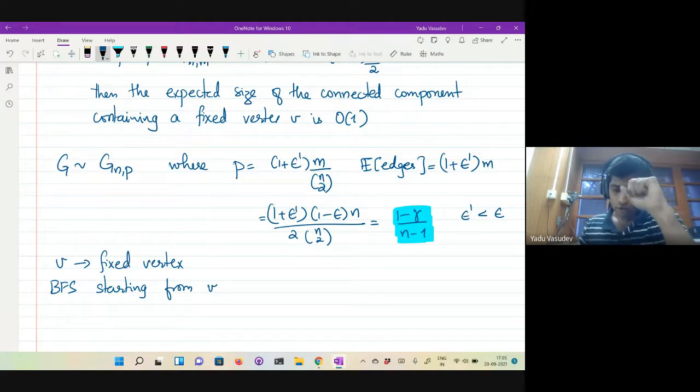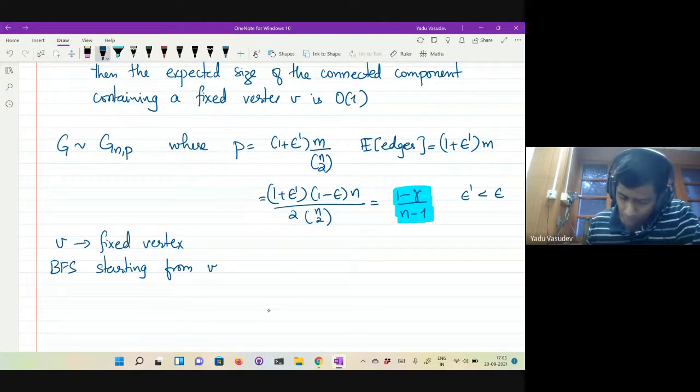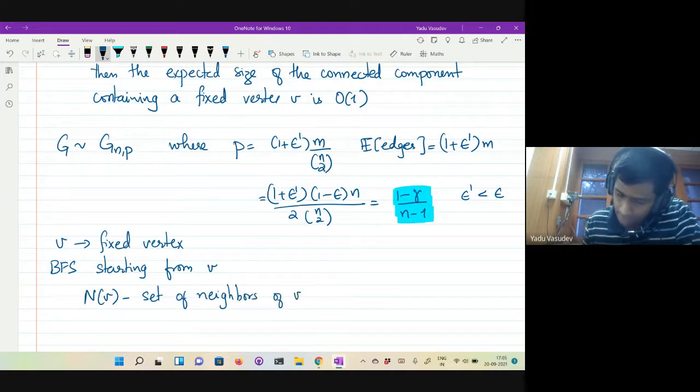Okay. So firstly, let us start from V. Let N(V) be the set of neighbors of V, when G is sampled according to this Erdős-Rényi model. What can you say about the expected size of N(V)?